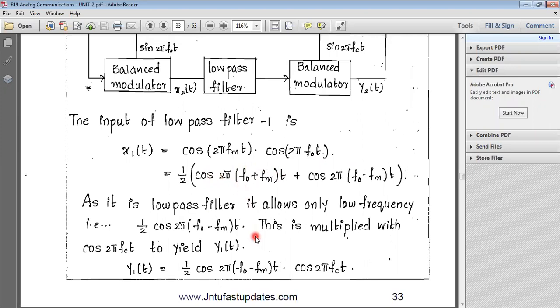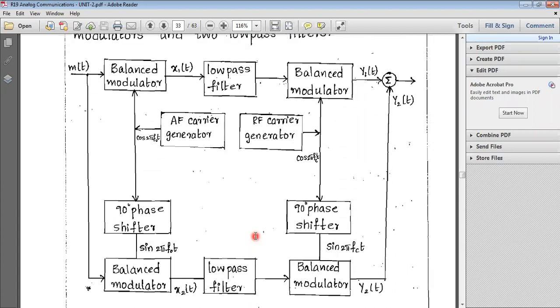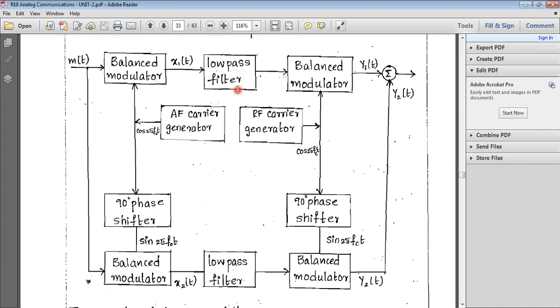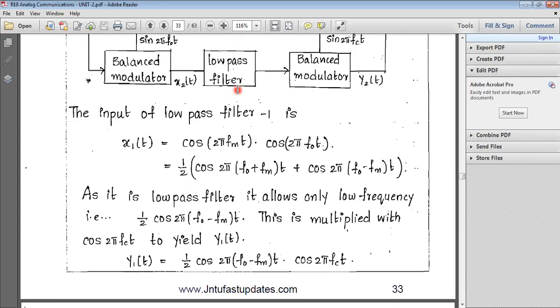After that, it can pass through the low pass filter. What is the purpose of the low pass filter here? It is used to eliminate high frequency signals.